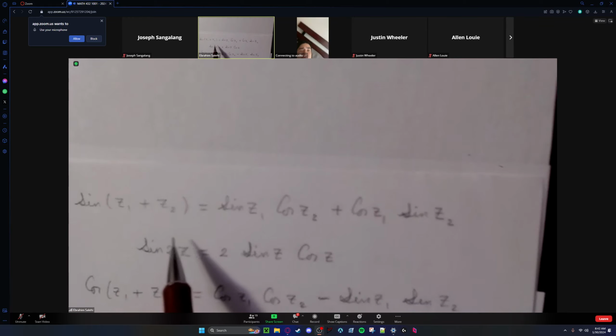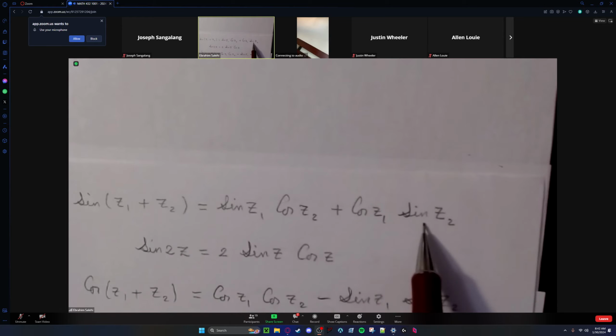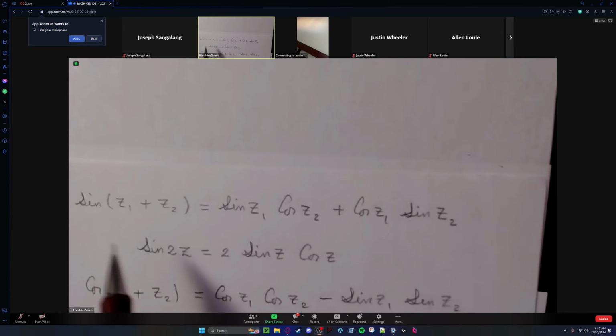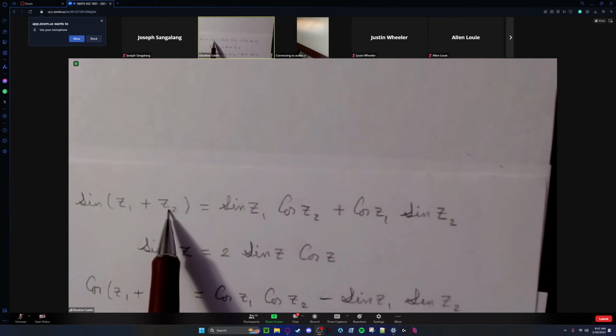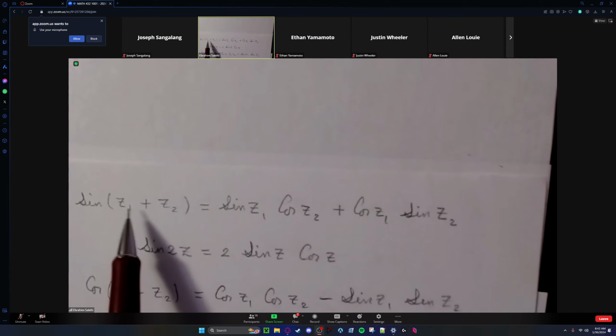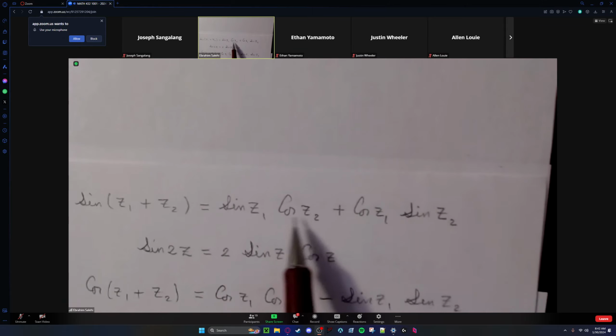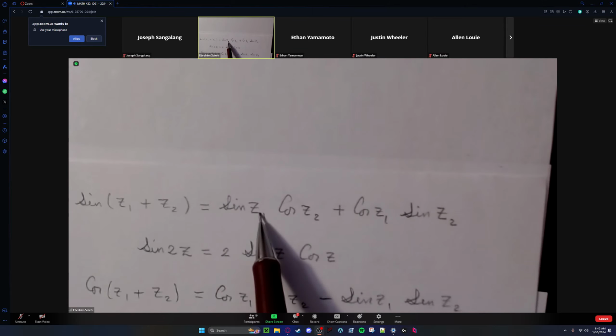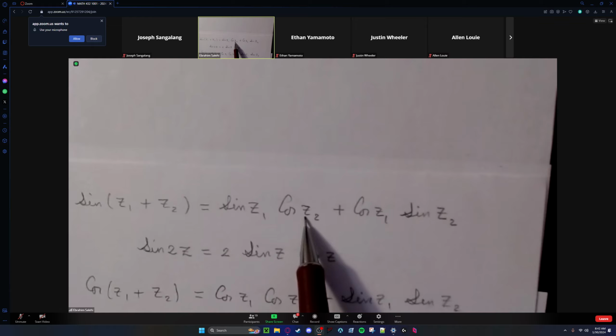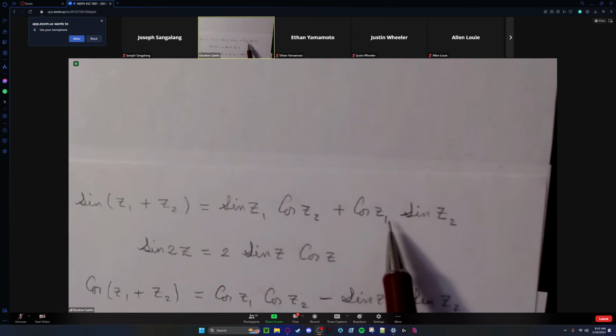In this identity, what happens if z1 and z2 are equal? So let's say both of them are the same, z plus z. You will get sine of 2z. On this side, you get sine of z cosine z, and again, sine z cosine z.